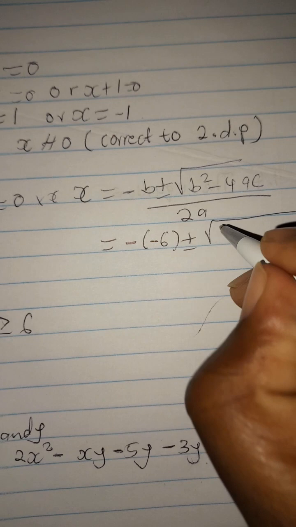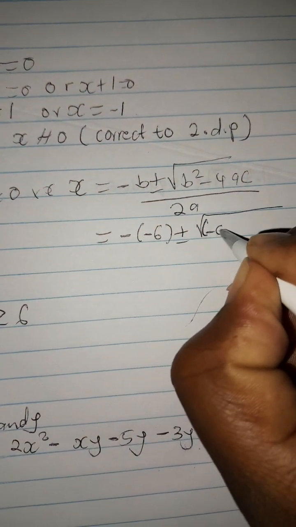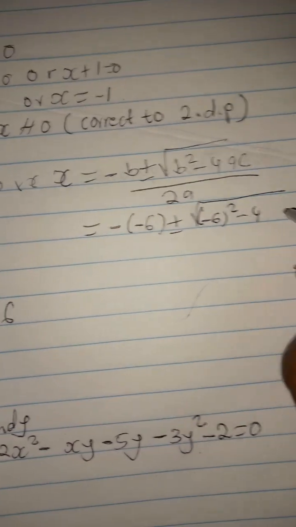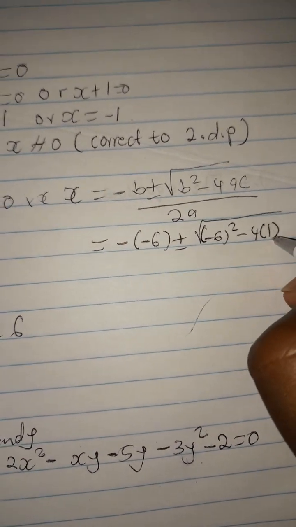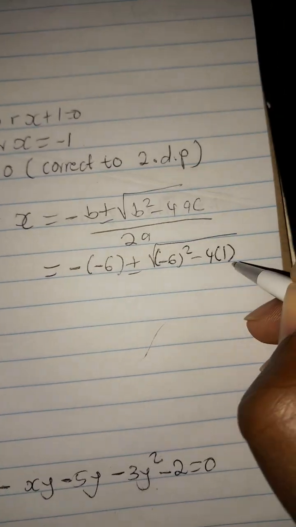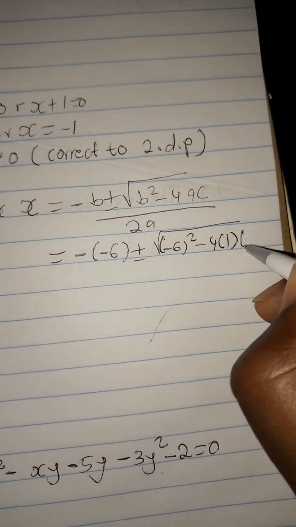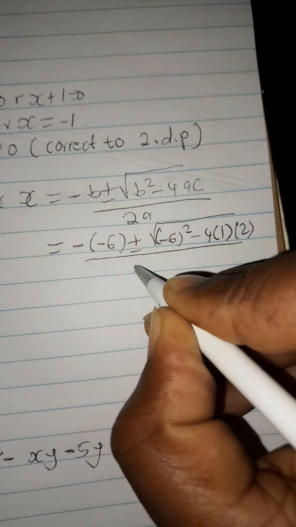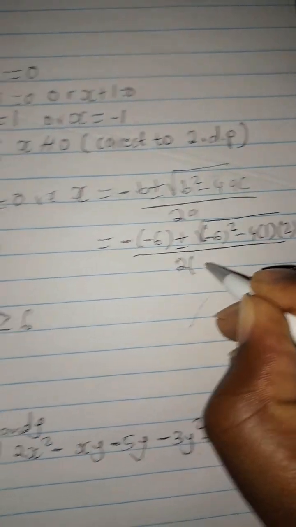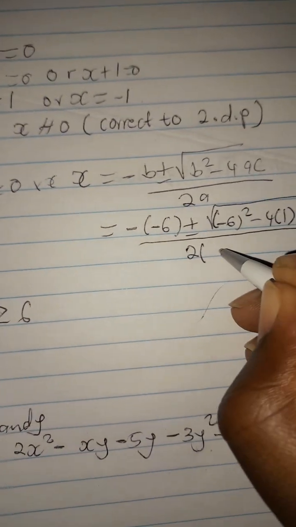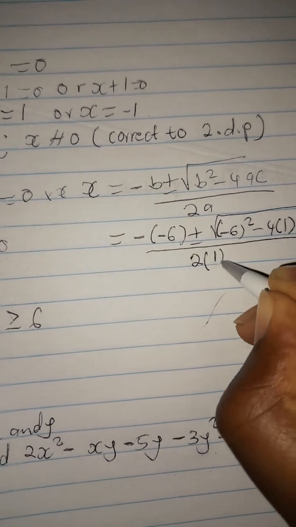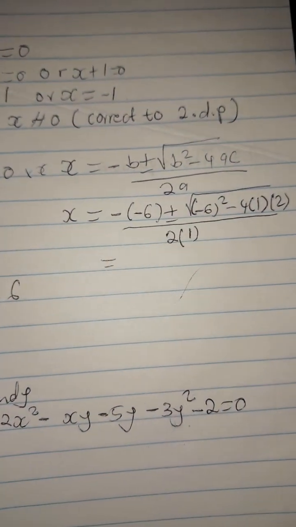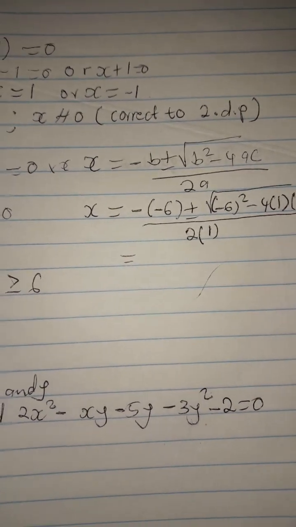There you substitute. Here we are going to have negative 6 squared. What about our a? Our a will be 1, the coefficient of x squared. What about c? c will be positive 2. From here, it is advisable to punch in your calculator.